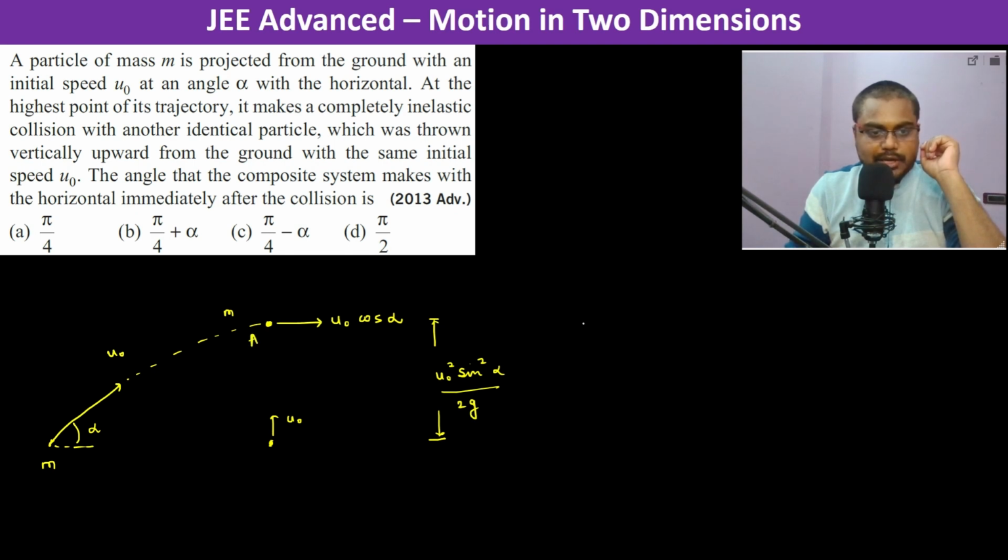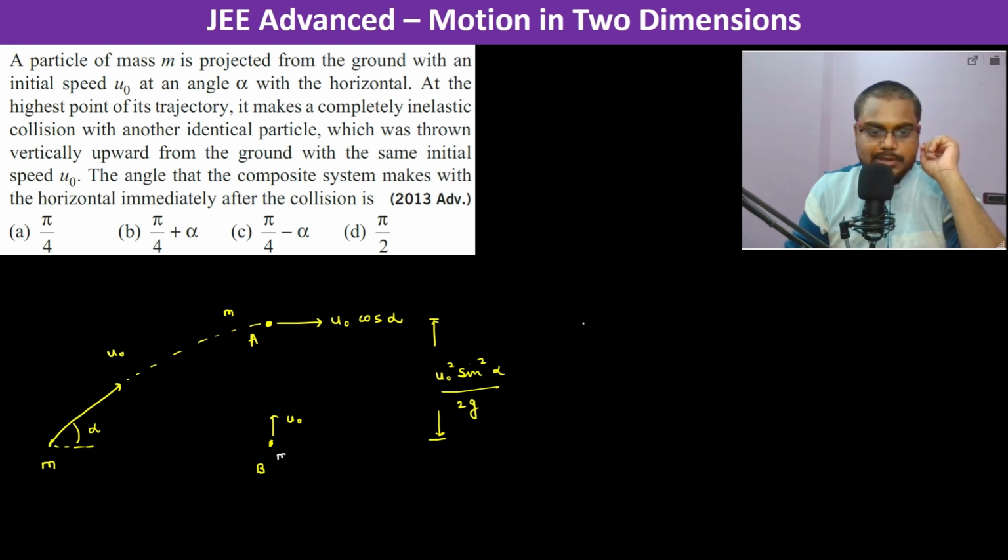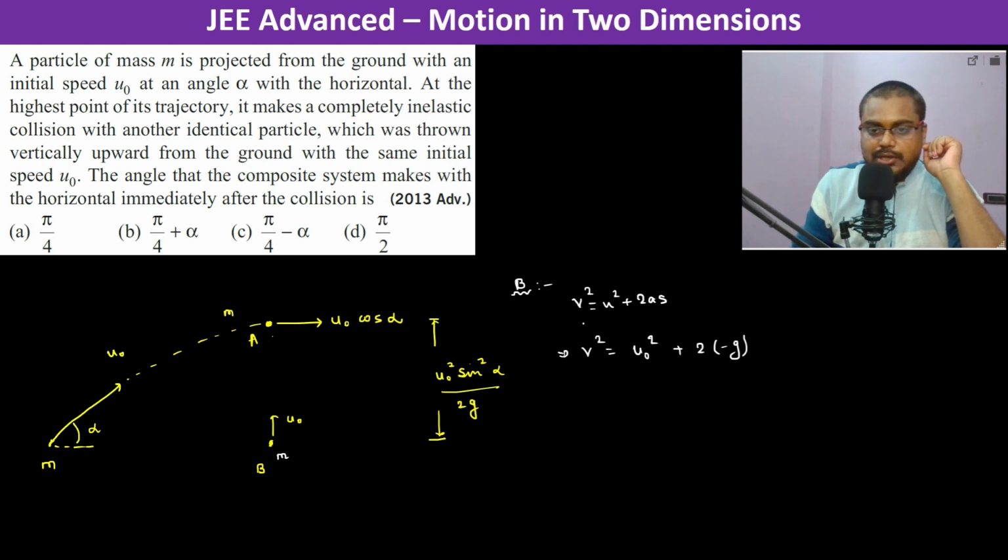So now this is A, this is B. For the particle B of mass m to reach this height, let us find out what its velocity is when it gets here. Using v square equals u square plus 2as: final velocity v square equals u naught square plus 2 into acceleration, minus g, into s, which is u naught square sin square alpha divided by 2g.